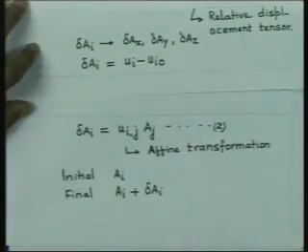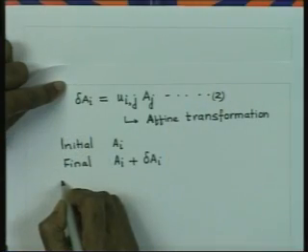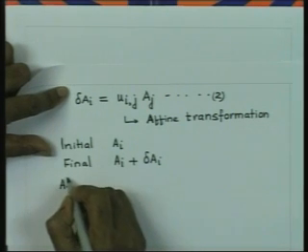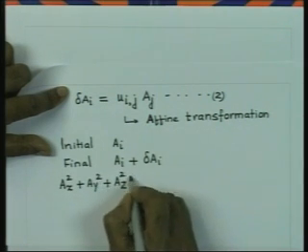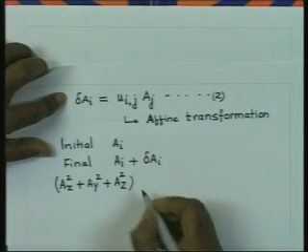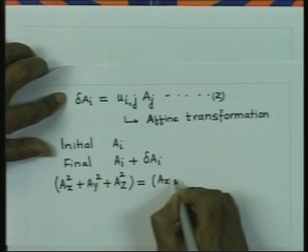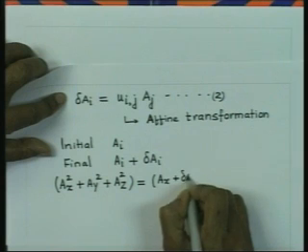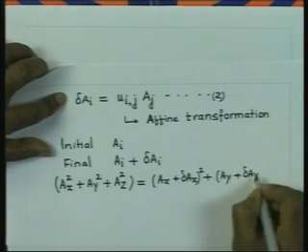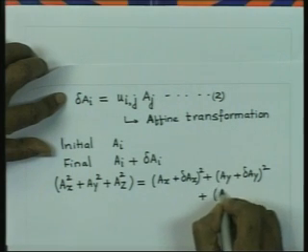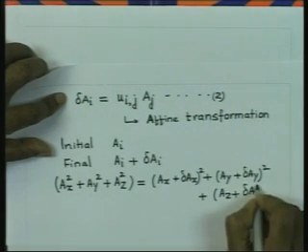Now, if we consider that the body displaced in such a way that there was no deformation, that means the distance between P and Q remained unchanged, then the initial length square between the 2 points is given by ax square plus ay square plus az square, that is the initial distance square, and that must be equal to ax plus delta ax square plus ay plus delta ay square plus az plus delta az square.